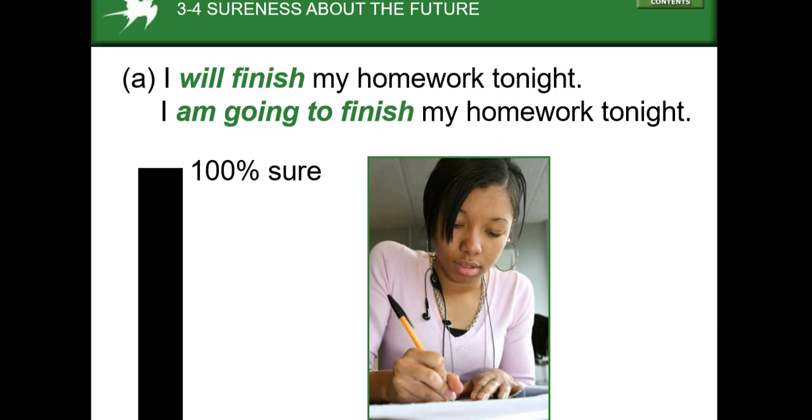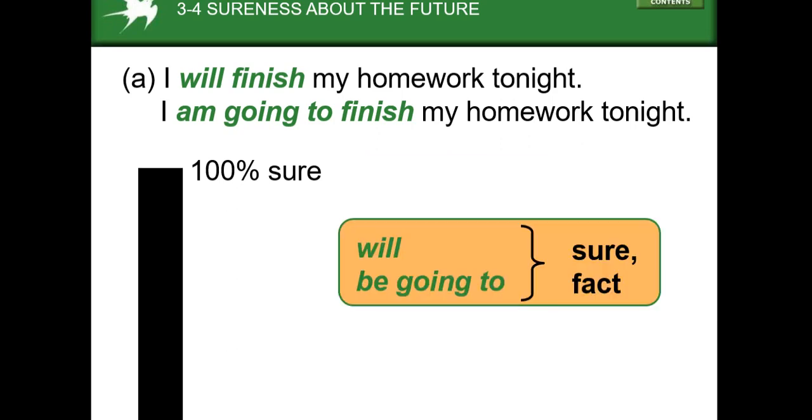So when you are 100% sure that you are going to do something, you have to use one of these expressions: will or be going to. Sure. A fact. What is a fact? If you don't know what a fact is, please use a dictionary and look for that word.